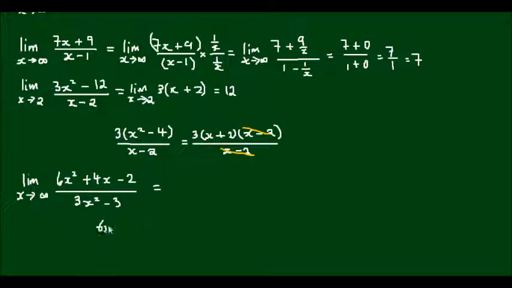So 6x squared plus 4x minus 2 over 3x squared minus 3, and I'm going to multiply that by 1 divided by x squared on the top and 1 divided by x squared on the bottom.